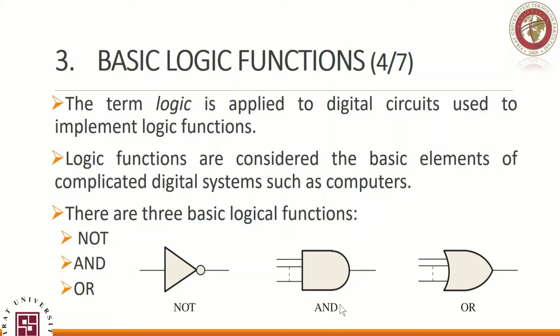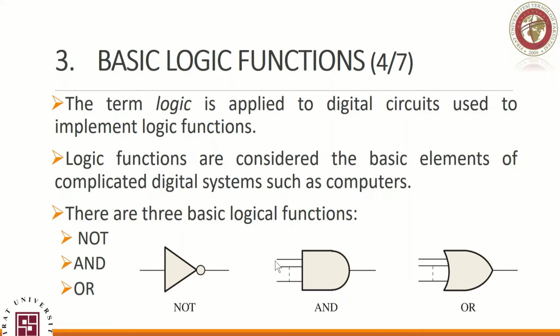The AND gate is like a connection in series in electric circuits. You studied this in physics, I believe, or maybe you are studying it now. I'm not sure. What does it mean? It means all the inputs must be high in order for the output to be high. If any of the inputs is low, or all of them are low, then the output is low.